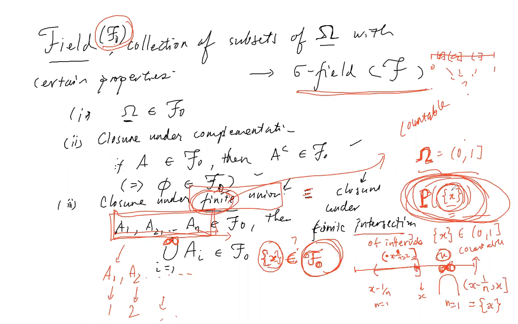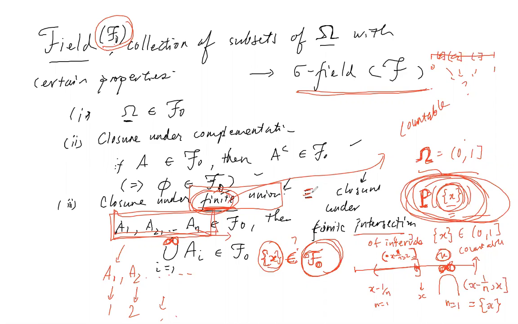All right, is it clear? The reason is that you want to discuss the probability of singletons. It's natural to want to discuss this probability. But if you just restrict to finite union, then you cannot, because your singletons cannot be inside the collection of subsets of omega that you are interested in.